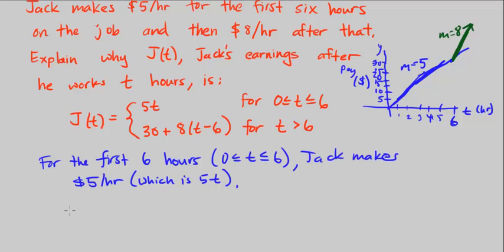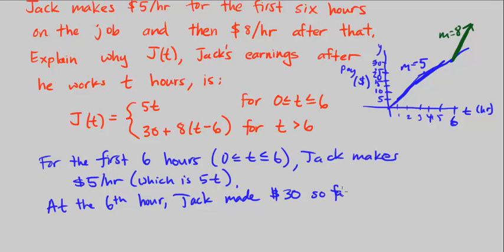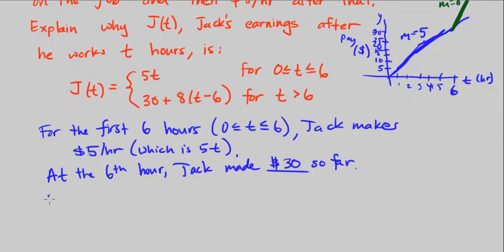Well, we know at the 6th hour, Jack made how much money? He made 5 times 6, which is $30 so far, right? After he works 6 hours, he's made $30. So the 7th hour he works, he makes 30 plus $8, and that would equal 38.